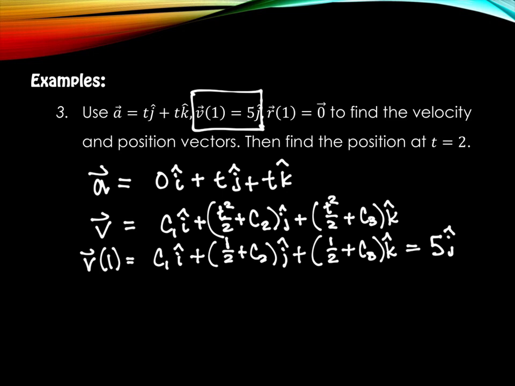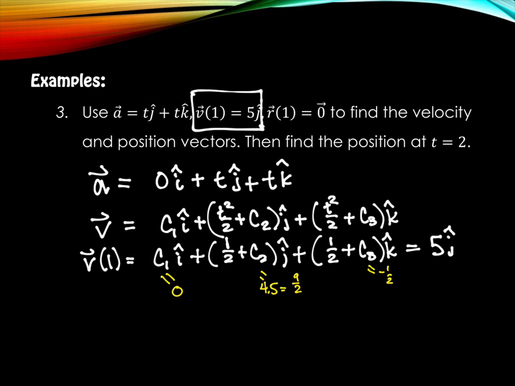Okay, so we need to figure out what C1, C2, C3 are based on that fact. So what is C1? 0. Yep, it is still 0. What is C2? 4.5. So I'm going to write down 4.5, but we are going to recognize that that's the same thing as 9 over 2. Since we're dealing with fractions already, we're going to write it as 9 over 2. What is C3? Negative 1/2.